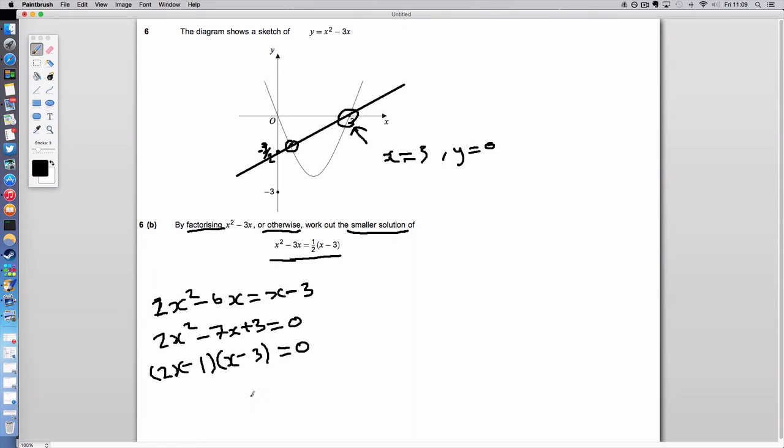And now we need to look at what the two x values are. We know one of the x values for which this is true is when x is equal to 3. Then we look at this other bracket, when 2x minus 1 is equal to 0. So when 2x minus 1 equals 0, x is equal to a half. So the x coordinate of this intersection point is equal to 1/2. How do we find the y coordinate?